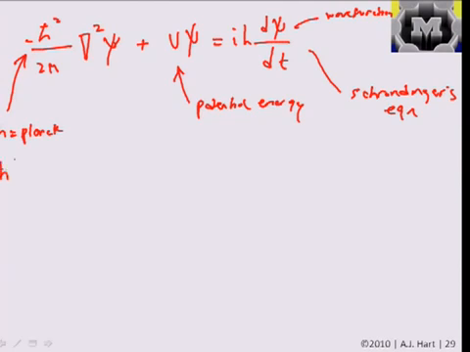And you typically see H with a little bar on the top, which is just H divided by 2 pi, and M is the mass.